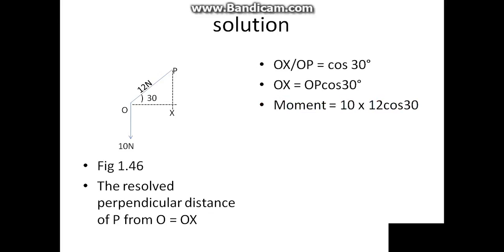We have that the moment is now equal to 10 times 12 cos 30, which will give us 120 times cos 30, which is square root of 3 over 2, which is now equal to 60 square root of 3. Therefore, the moment will now be equal to 103.92 Newton meter. Solution B. Figure 1.47 example.